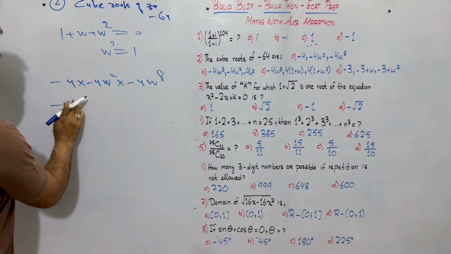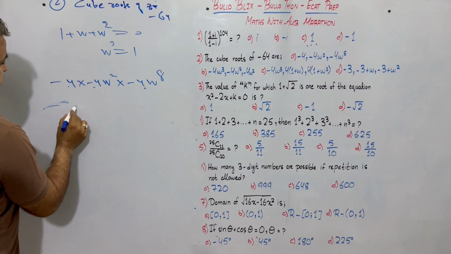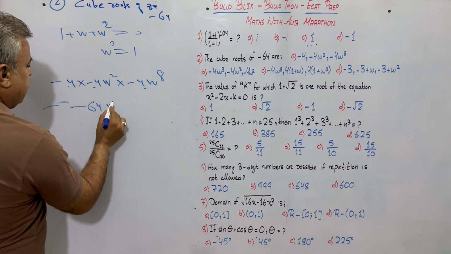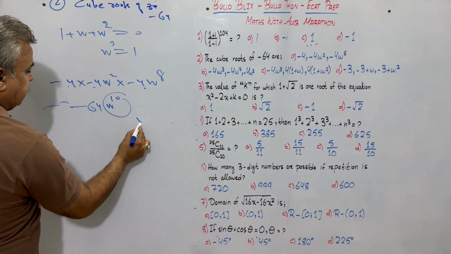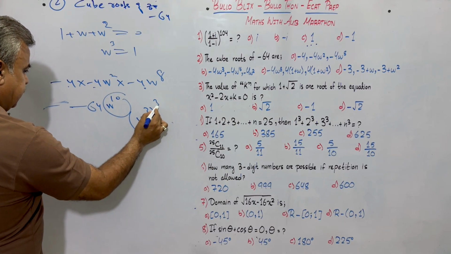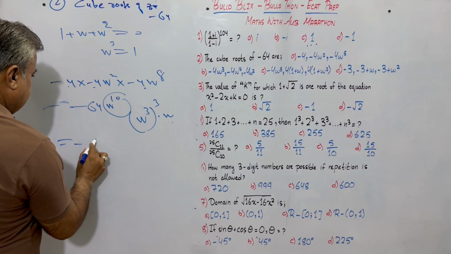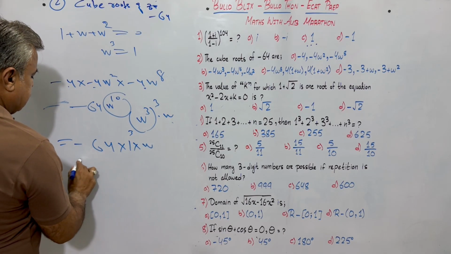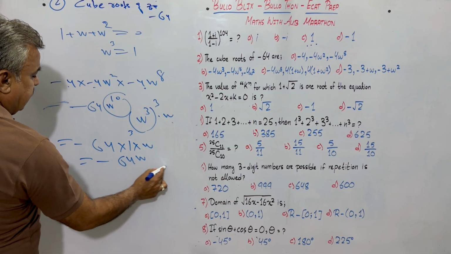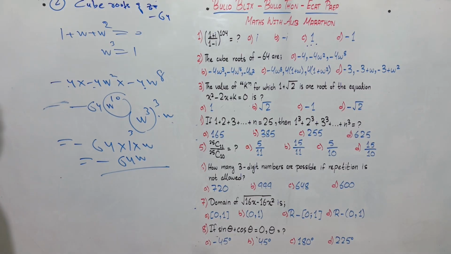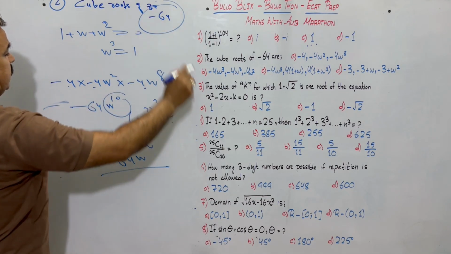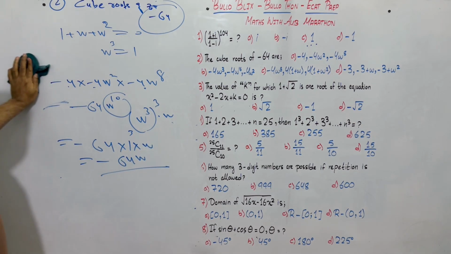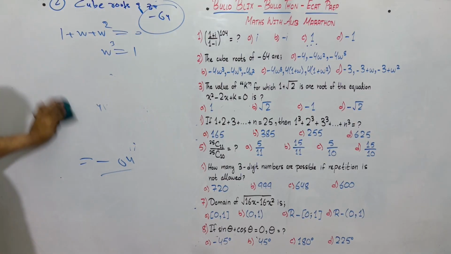Taking minus 4 for the 16, 16 for the 64, and I have omega to the 10. Omega 10 means omega cubed, 3 times, times omega. So I have minus 64 into 1 cubed into omega, so I have negative 64 omega. Their product must be equal to minus 64 if these are the cube roots of minus 64.